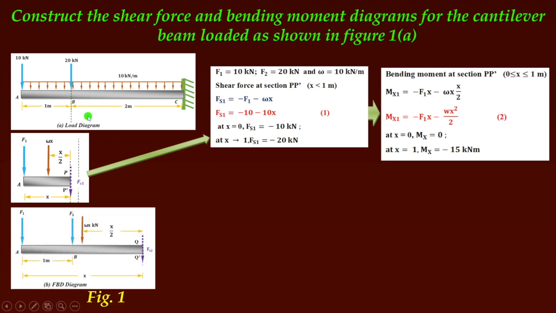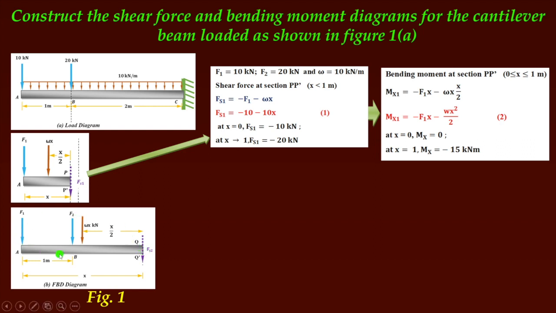Now second part. Now consider another point QQ dash, which lies in between B and C. Any point in between B and C. Then in addition to F1 and F2, there is another force omega x, with the distance from A to this Q considered again as x.